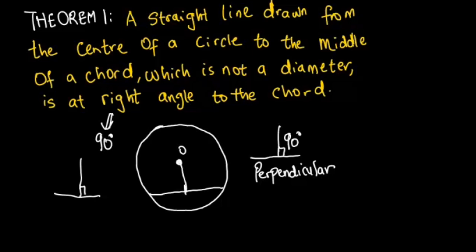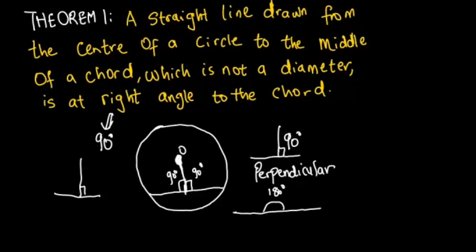So in this theorem, a straight line which runs from this center, let's say O, to the midpoint of a chord is at right angle. So this is 90 degrees. On the other hand, it is also 90 degrees. Remember that when you have a straight line, the angle on the straight line is equal to 180 degrees.